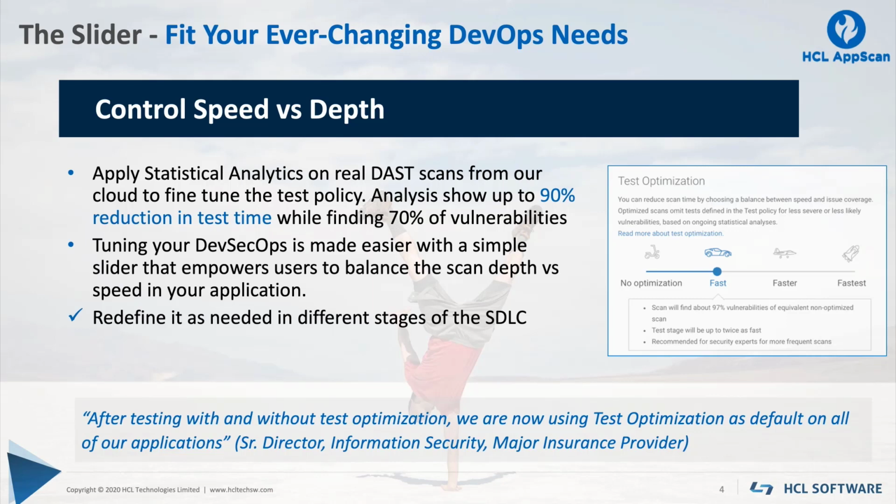We have applied the results into an algorithm that also takes into account other factors, such as the severity of the detected vulnerability. We came up with a test optimization slider. This is an easy and fast way for our users to tune the depth versus speed of their scans in different stages of their SDLC, allowing them to complete the test stage up to 10 times faster, while still detecting the great majority of the vulnerabilities. This way they can maximize their scanning ROI.